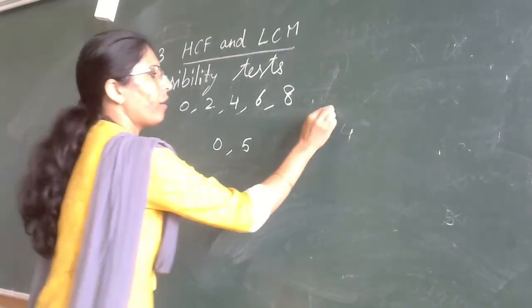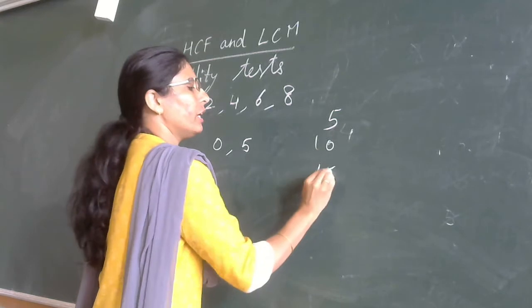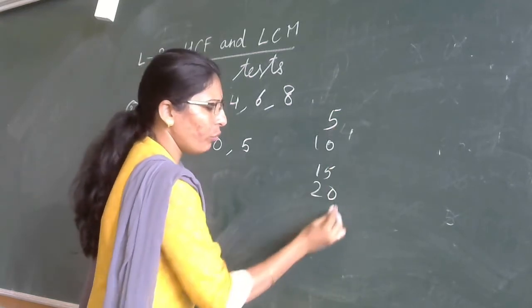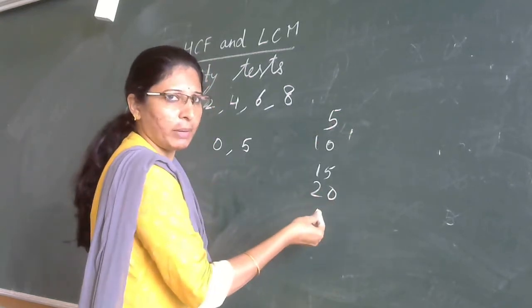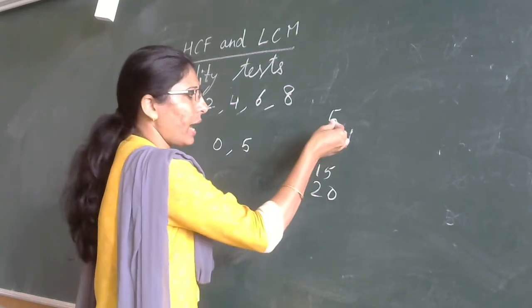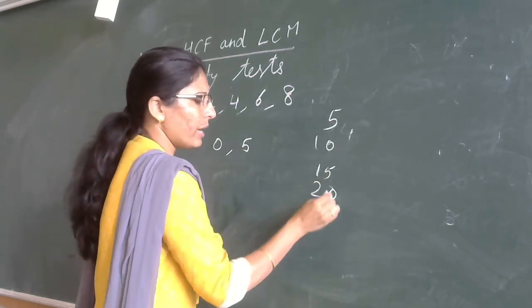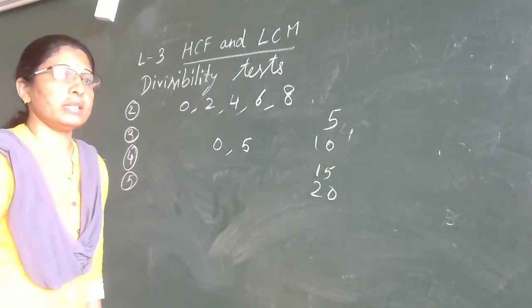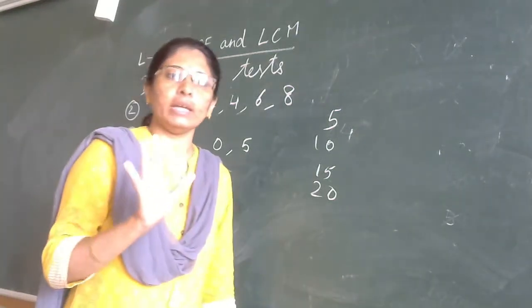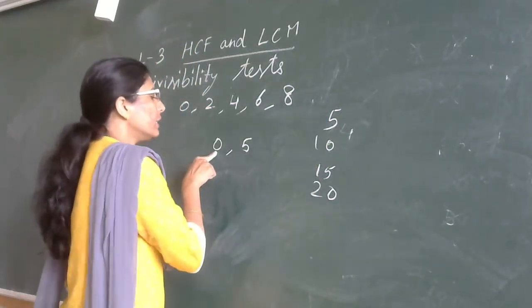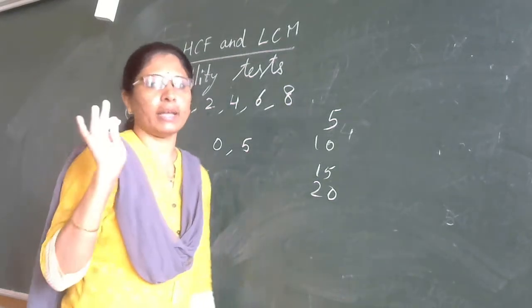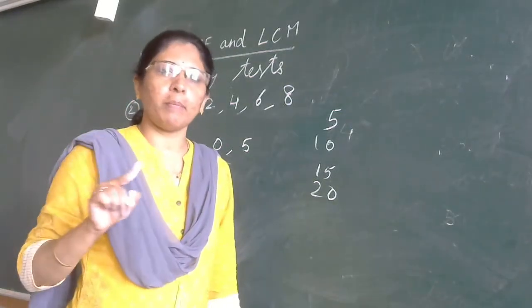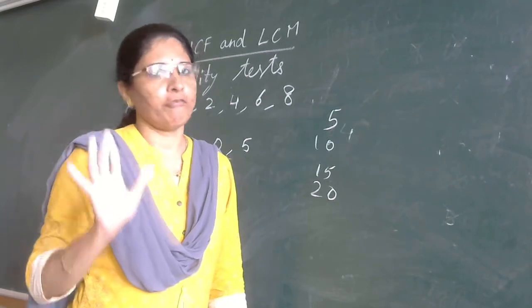Now we know 5, 10, 15, 20. So here, ones place you can see the multiples of 5, in ones place we are having 5, 0, 5, 0, 5, 0. So that means a number is divisible by 5 when in the ones place either 0 or 5 is there. So that full number will be divisible by 5.